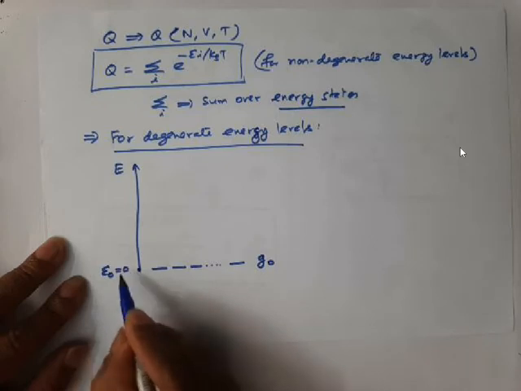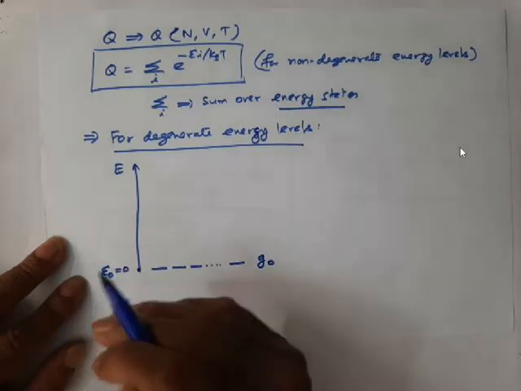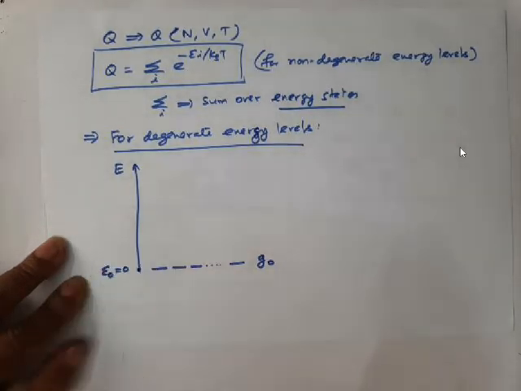You know very well, usually the energy of the ground energy level is taken as 0. Even if it is not 0, we have to convert it into 0. That's the point you should keep in mind.